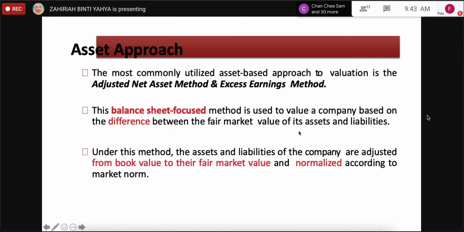So you kena ingat, when you want to use asset approach, you have to know how to get the value for the tangible asset and how to get the value for the intangible asset, and then you deduct all the liabilities. What is liabilities?